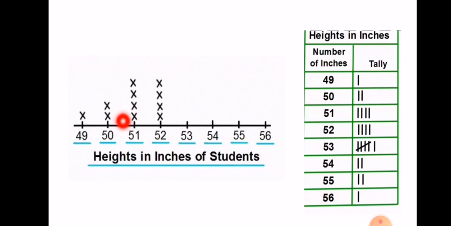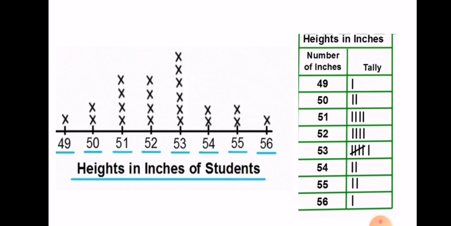In front of 51 we have 4, so 1, 2, 3, 4 x's. Then 52 also 4 x's. Then 53 we have 6 x's. 54 we have 2, 55 also 2, and 56 has 1 in the table, so I will draw 1 x here, and like this we finished our line plot.